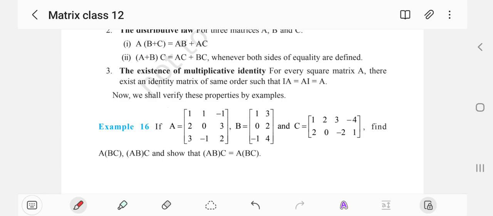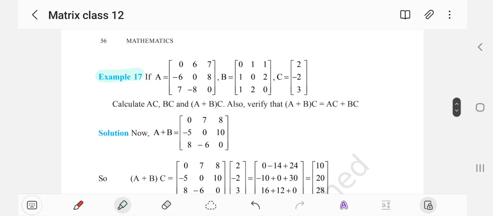In some cases the multiplication is not even defined, so your time will get wasted there. First of all, check whether the multiplication is possible or not. If it is not possible, then how can any resultant come out of it, right? So you need not be confused there. First of all, check the compatibility. After checking, you can go ahead with the multiplication.